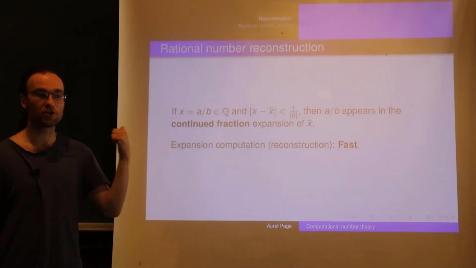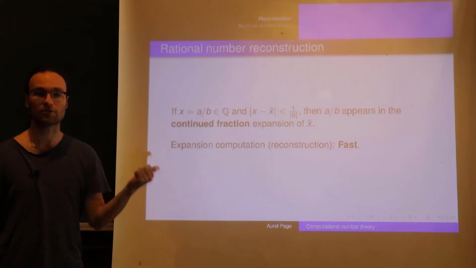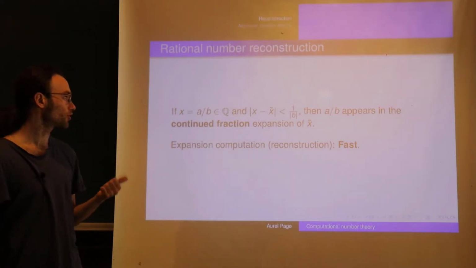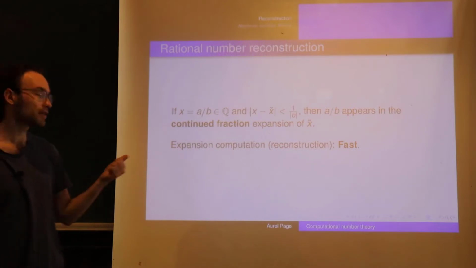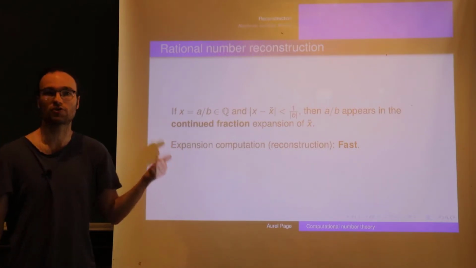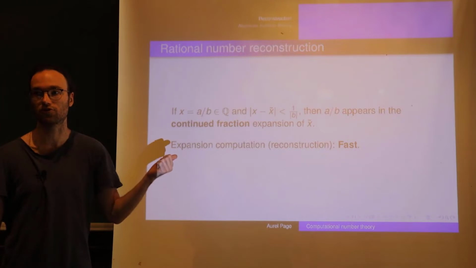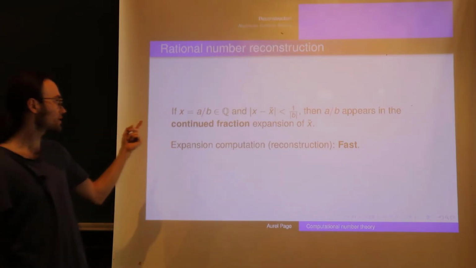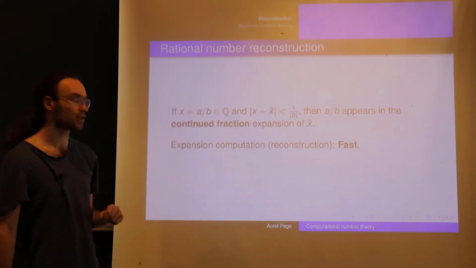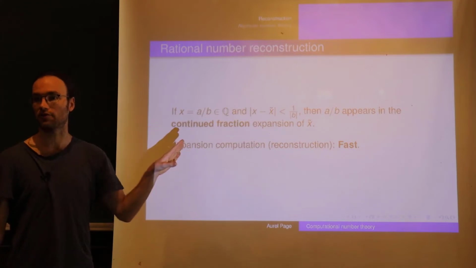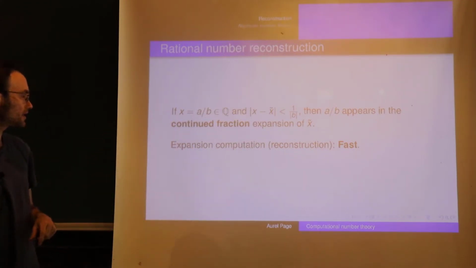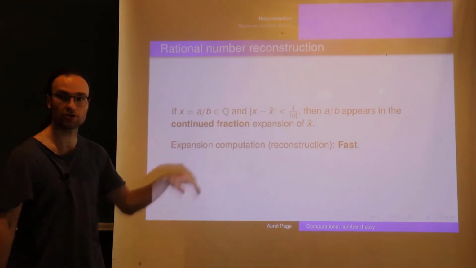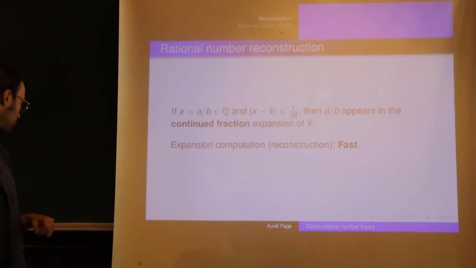Sometimes you actually know a valid denominator, a multiplicative bound on the denominator, and then you can just reduce to integer reconstruction. There's not much to do. Sometimes you don't know an actual denominator, you just know a bound on it, like a bound on the height of the rational. And in this case, you can use continued fractions on the real numbers to reconstruct it.